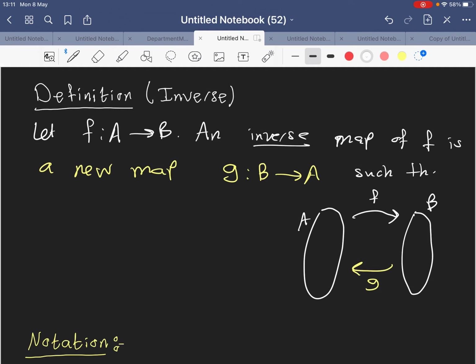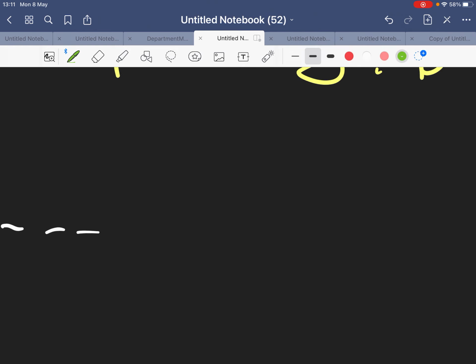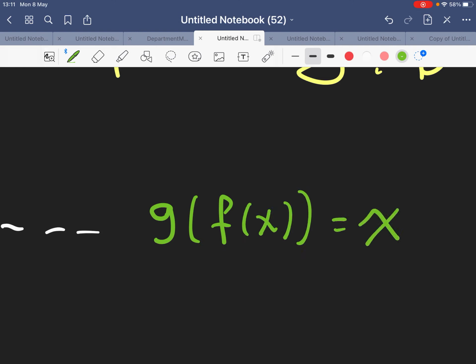Now what's the relation between them? Such that we have these relations. The first one, if we start with g composite with f, which means if you start here, you go with f, and then you come back, you should come back exactly where you started, which means this is exactly the identity on A. Or we can write it in a different form as g of f of x is equal to x, which means g and f kind of cancel each other.